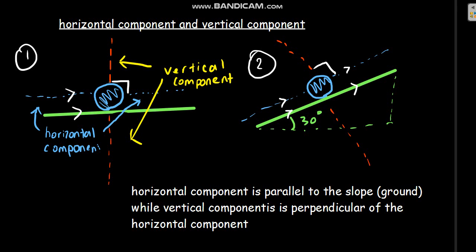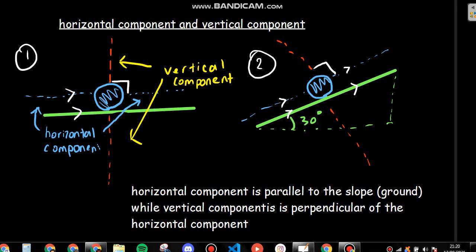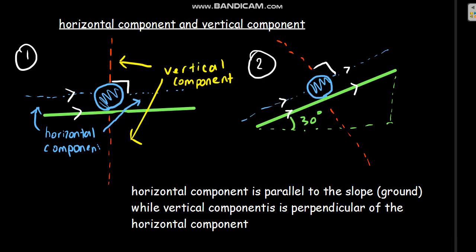If you are still confused, it's basically a description of which one is horizontal and which one is vertical. Strictly, if I ask where is this ball's vertical motion, it's going to be here, not here. Sorry, that's the horizontal. This is the vertical motion.